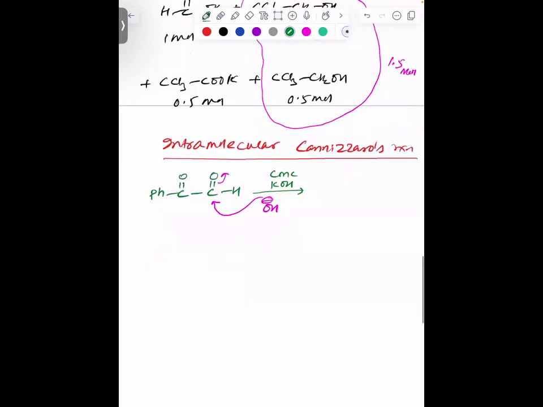Then we can write it. Okay, first step is clear. Then at the adjacent position, what is present? Another carbonyl carbon. So hydride transfer.